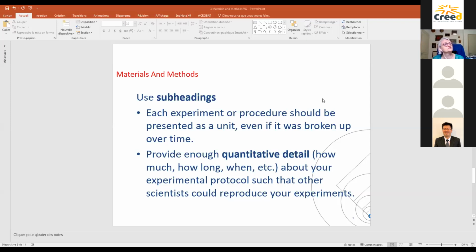And make sure you provide enough quantitative detail so that other scientists can do the same thing. Obviously, with interviews, they're not going to get the same answer, probably.